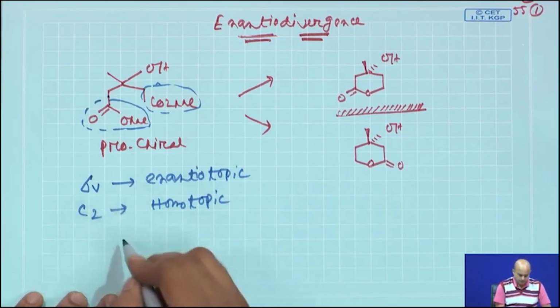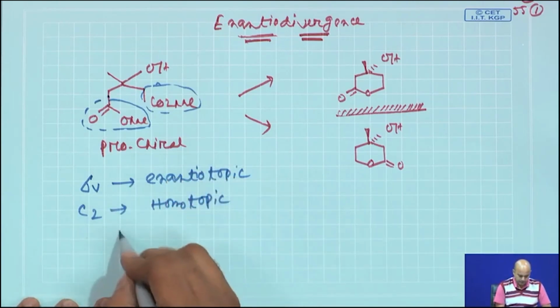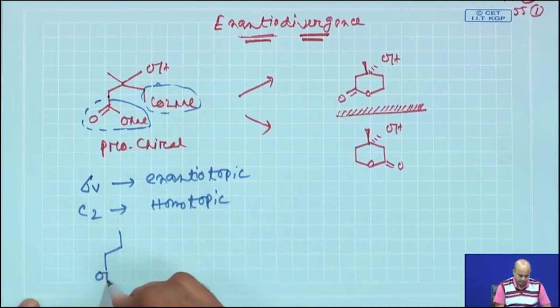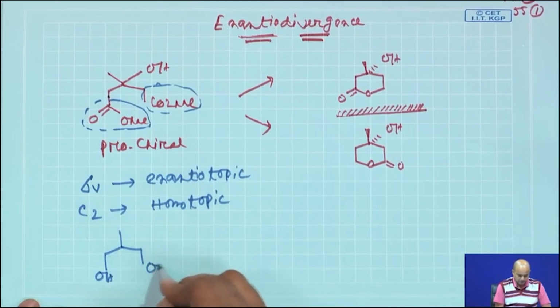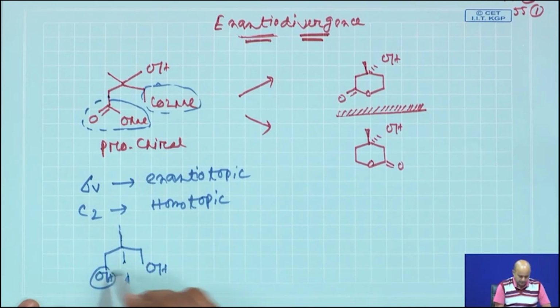If a compound has a constitutionally symmetrical part and a sigma plane, you can say that this OH and this OH are enantiotopic to each other.